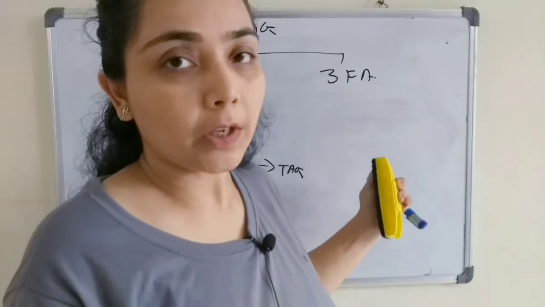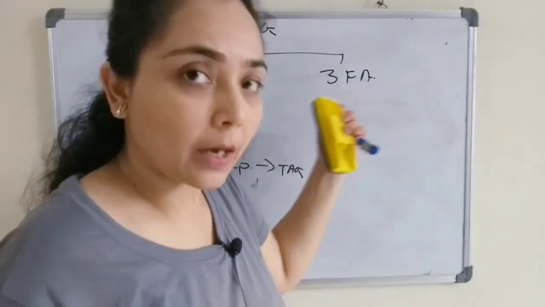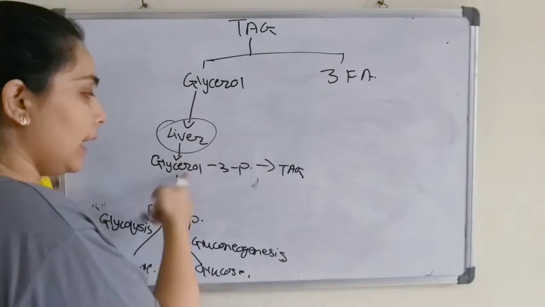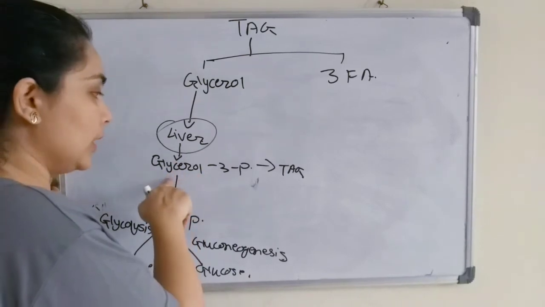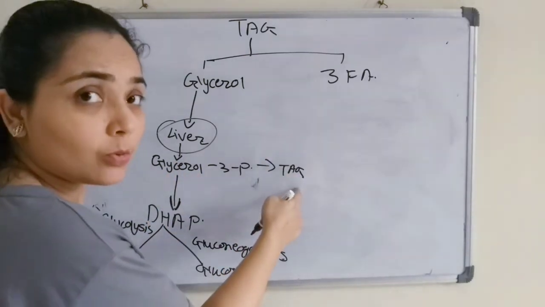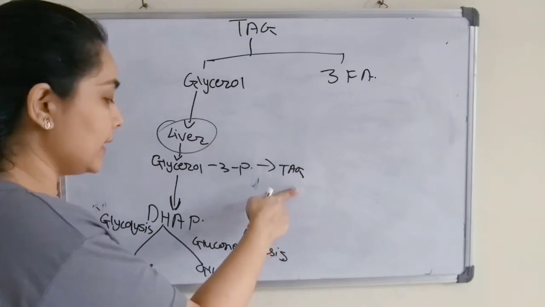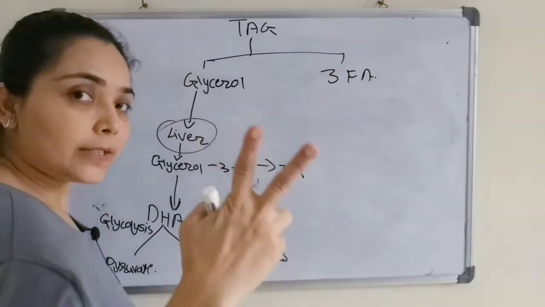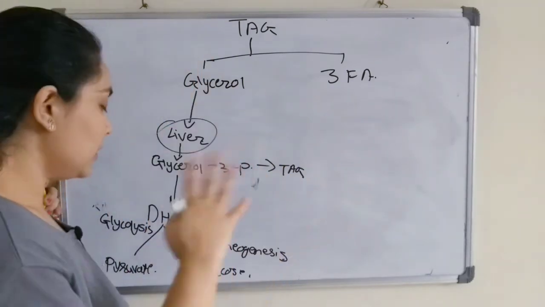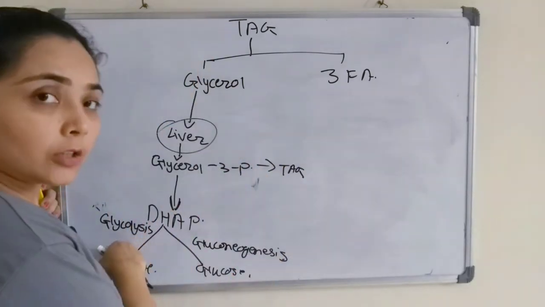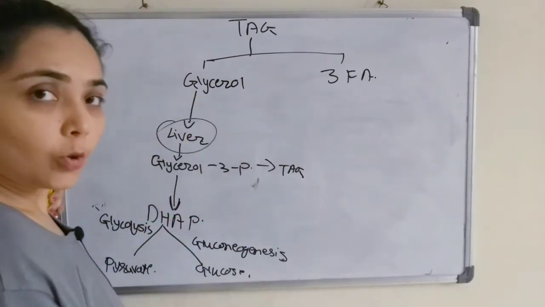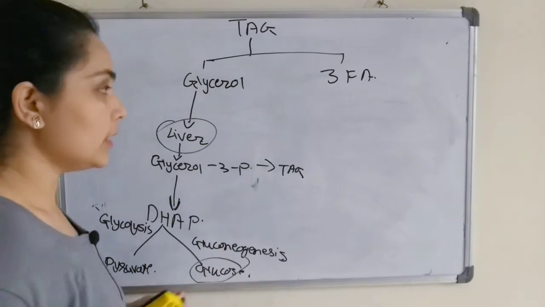Glycerol will not remain in the adipose tissue, it will come out into the liver. In the liver, it can be activated to glycerol 3-phosphate, which can be utilized in the synthesis of triacylglycerol, or converted into dihydroxyacetone phosphate, which has two paths: glycolysis to give pyruvate, or gluconeogenesis to synthesize glucose.